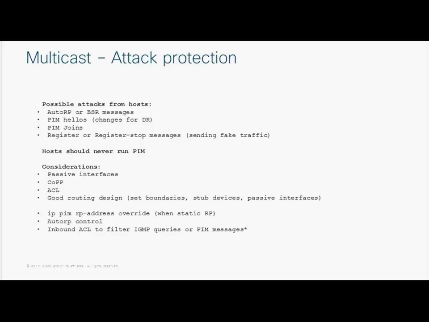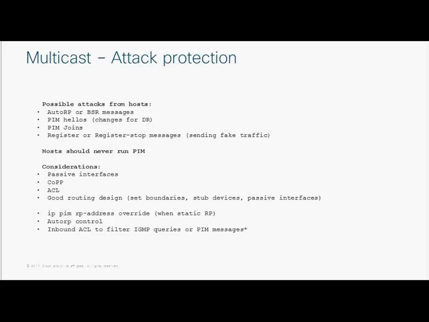Now, we can have some considerations here in order to reduce that attack surface, like passive interfaces. I mean, we can enable PIM on one interface and then declare that interface as passive, meaning that we won't exchange states with another device connected there, because if we already know that there are only hosts, there's no reason why we want to exchange PIM states with a device there.